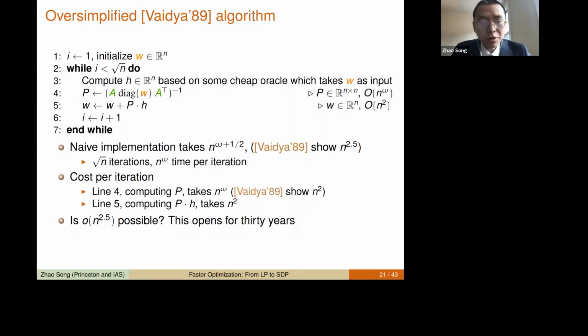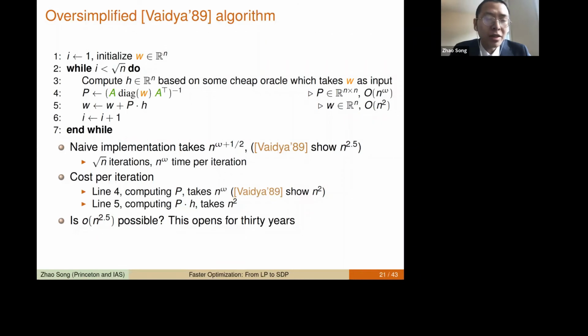As you can see, this is an iterative algorithm, and A is fixed forever. W is changing over time, H is changing over time, and P is changing over time. The point is W is changing very slowly. Therefore H is changing slowly, and P is also changing slowly. That's the thing we are going to use to improve the algorithm eventually. Yeah, that's a very good question.